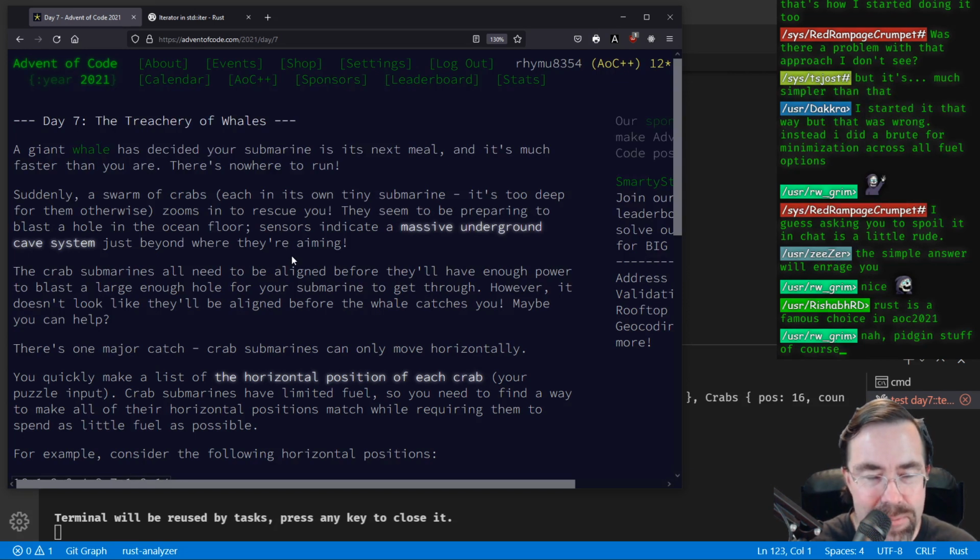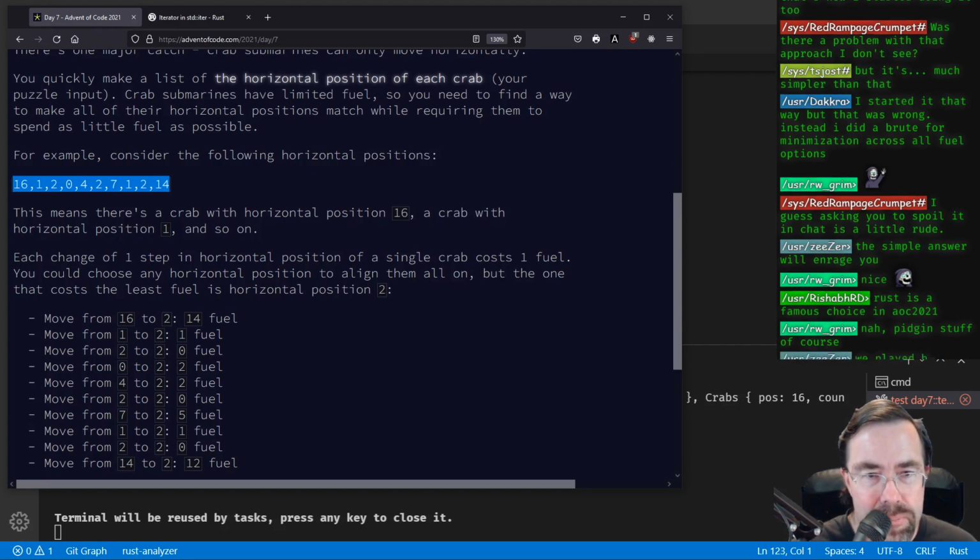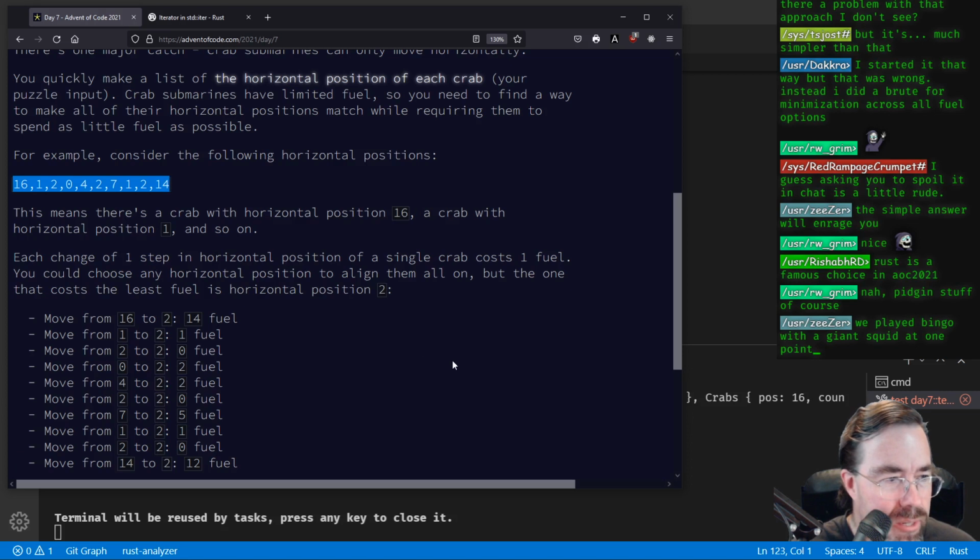But in order for that to happen, you have to have the crabs concentrate their fire, and so you have to line them up. It's all contrived. So these are the positions horizontally of the crabs, since crabs can only move horizontally, apparently. It's like, what's the minimal fuel to get them all lined up to shoot at one spot? And that's what we're trying to calculate.